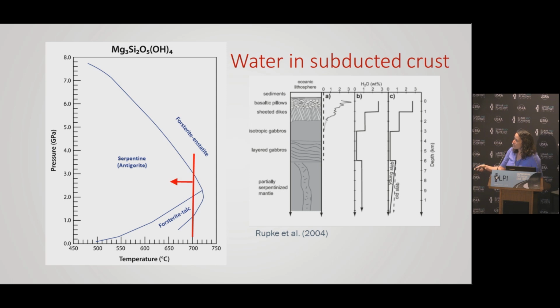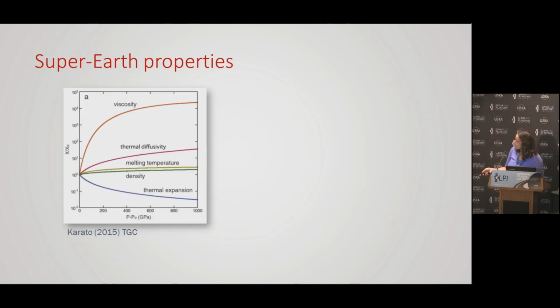And you can see that serpentine, as a function of pressure, is not stable above about 700 degrees C. So the way we do this in my model is we calculate the temperature profile through the oceanic slab, and everything at temperatures lower than 700 degrees C will be hydrated minerals. And so through this and through a quantification of the subduction rate, you can get the amount of water that is going into the mantle.